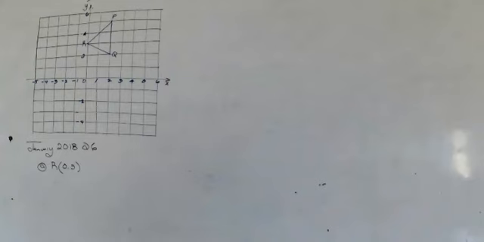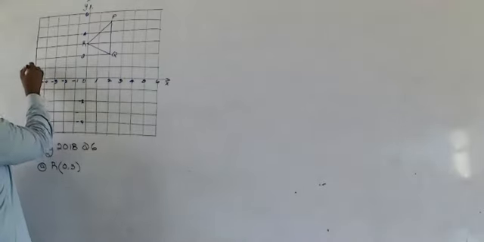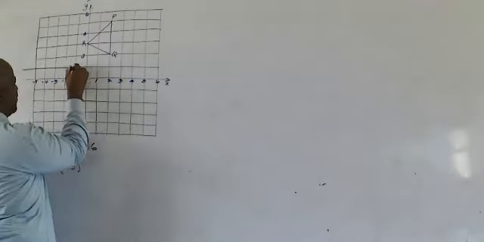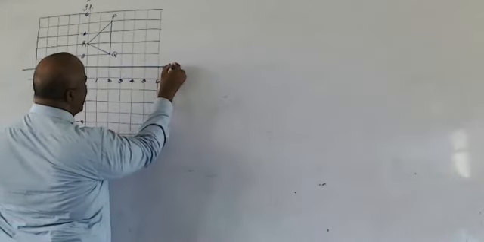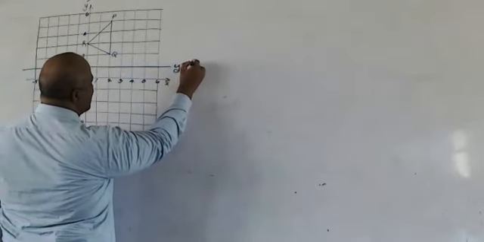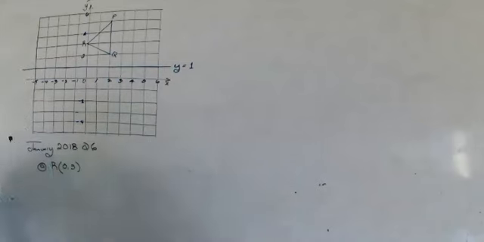Ladies and gentlemen, the line y is equal to 1 is a horizontal line that passes through 1 on the y-axis. So this would be the line y is equal to 1. And we're asked to reflect triangle PQR in the line y is equal to 1.